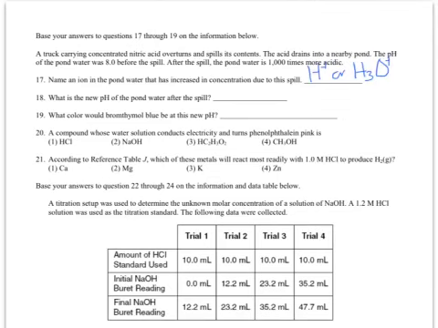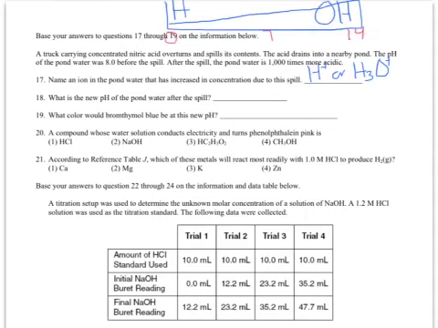The next question refers to pH. So again, we should draw our handy dandy pH square. So the reading tells us that the solution was originally a pH of 8. And then acid was added to it. So now the pond is 1,000 times more acidic. Acid is going towards the left.